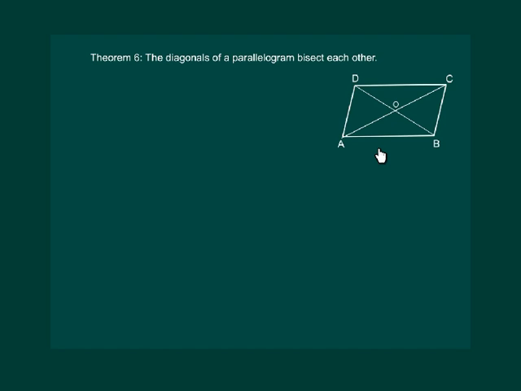Let ABCD be a parallelogram and let us join the two diagonals AC and BD and let them intersect at O. Then we are saying that the diagonals bisect each other means we imply that AO is equal to OC and BO equal to OD, or simply O is the midpoint of both the diagonals.